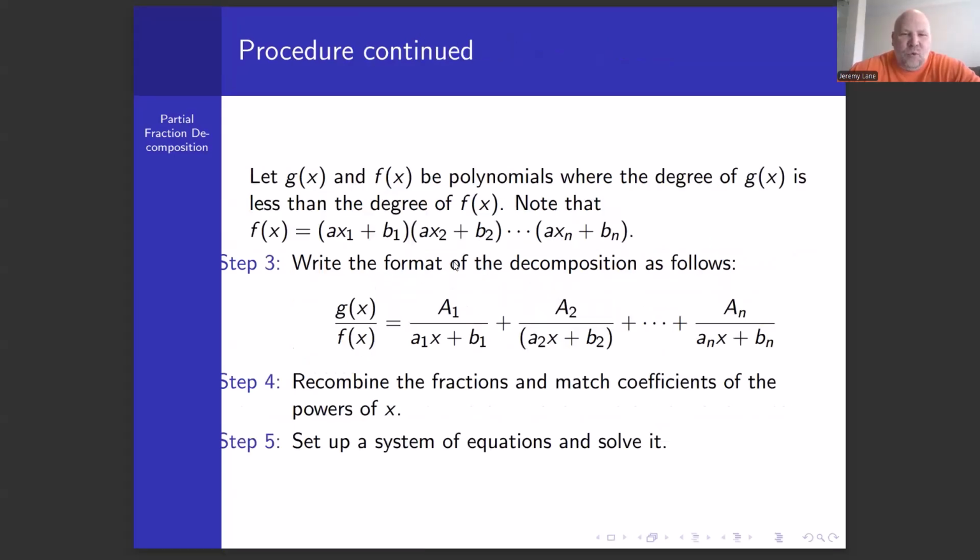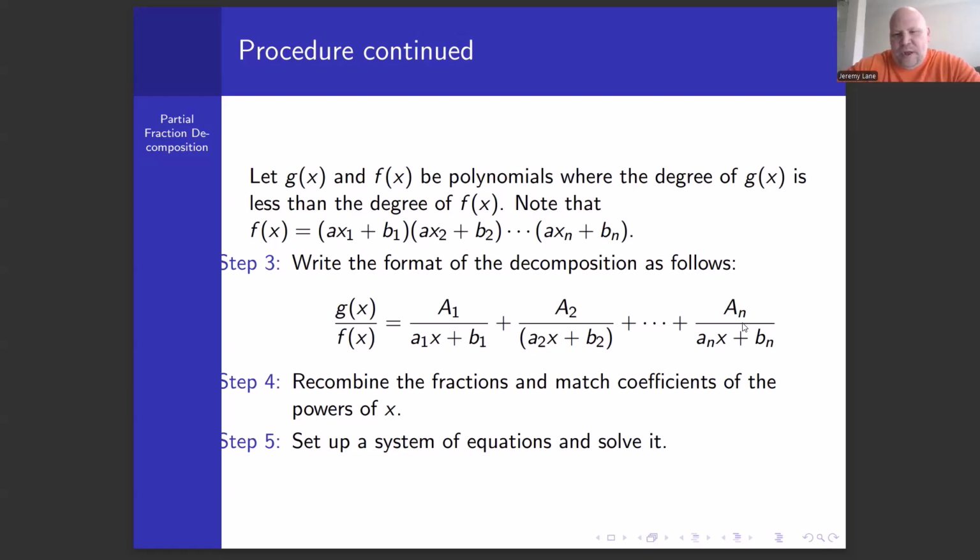Then we rewrite this rational function as a sum of a constant divided by a linear factor for distinct linear factors. Then we're going to add up all these fractions, just like you normally would, find a common denominator, get the numerators to match up. And that will enable us to match the coefficients on the powers of x. And after that, we're going to set up a system of equations and solve it. And that's going to give us our coefficients, A1, A2, all the way up to An.